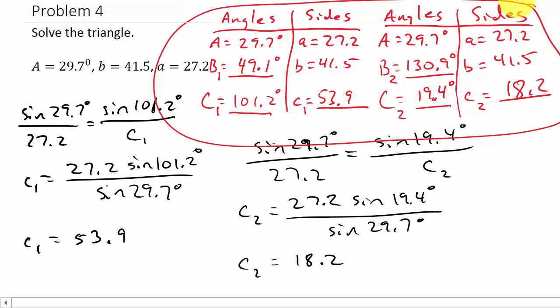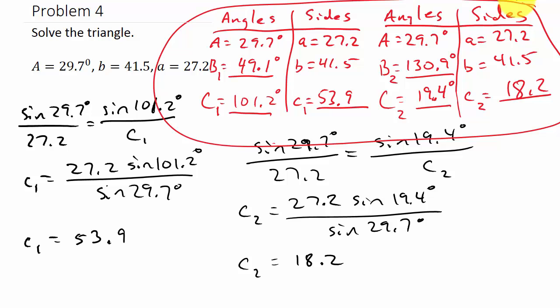So remember, when you're using the law of sines, you have to check for two triangles. If you're given one angle and you've got two unknown angles and you're using the law of sines, you have to check for two triangles. When you check, it may or may not be two triangles.